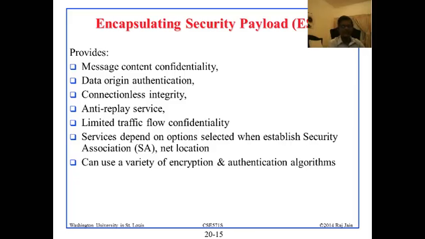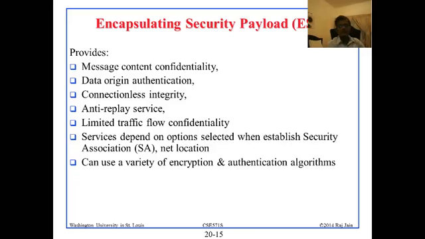Limited traffic flow confidentiality. We talked about traffic flow confidentiality, I think last time, when you didn't want people to know how many packets have been sent, or what size packets have been sent. People looking at the traffic, even though they can't read the packets, can figure out that something is going on. With this, there are things you can do to confuse them, not really avoid it in some sense.